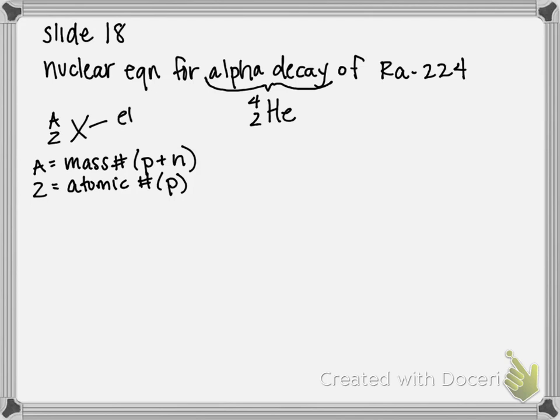And X is just our element symbol. So for alpha particles, the 4 represents the number of protons and neutrons this particular element has. The 2 tells us that it has 2 protons, and the He tells us that it's a helium atom. So you can figure out the number of neutrons by subtracting the atomic number from the mass number and coming up with the number 2. That's the number of neutrons we would have.